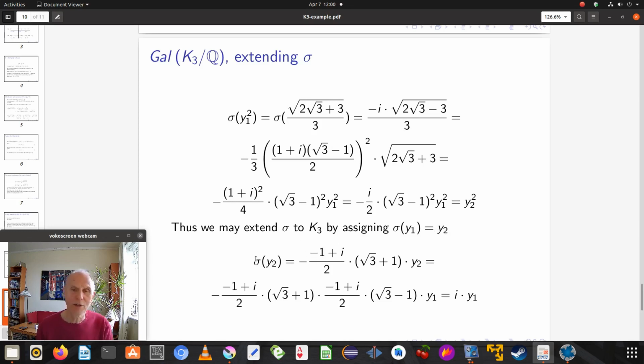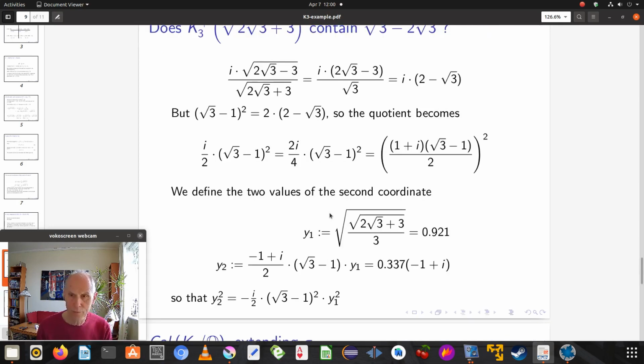And next we need to see then what happens to y2. And that's a trivial guy, square root 3 changes sign. We use the definition of y2 here.